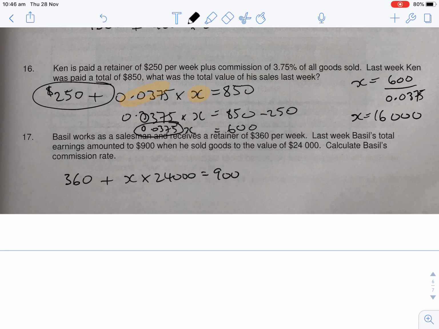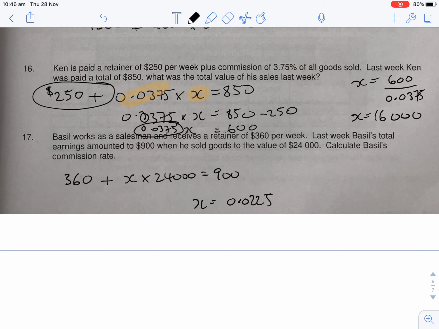So again, in my ClassPad, I can literally just put that in and go highlight, interactive, advanced solve. So I'll just pop that into mine. Okay, and that gives me an answer of, so I'm going to wind up with x is equal to 0.0225.